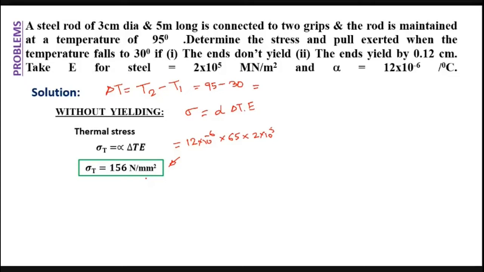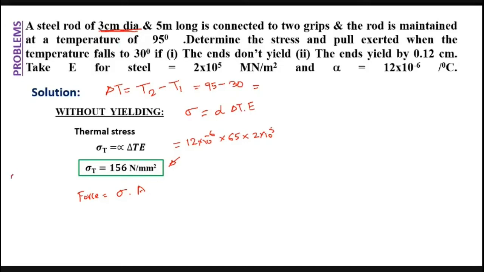Force is, you know the formula, stress into area, because stress is force by area. Area is the cross section area. It is mentioned that it is 3 centimeter diameter, right? We can identify the area.